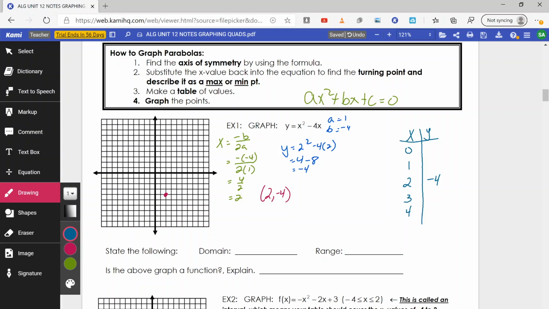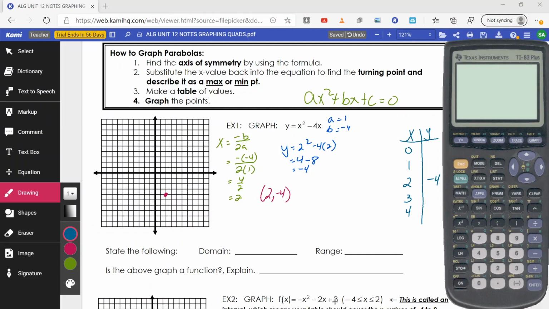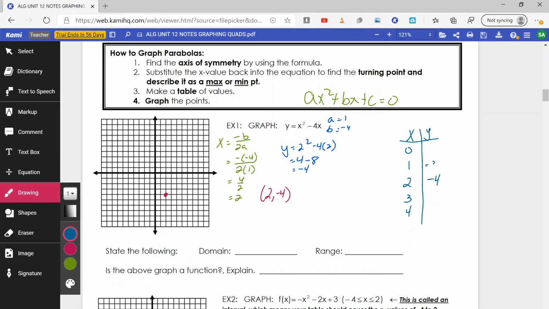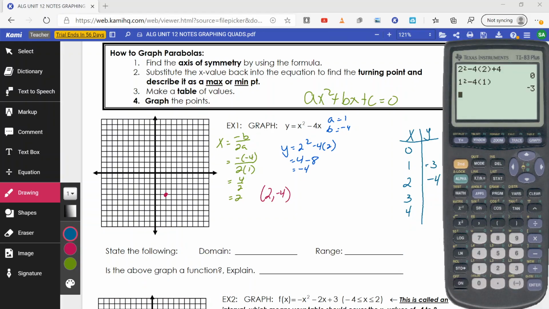I'm going to plug these values into the equation to figure out the y value. For 1, we have 1 squared minus 4 times 1, which gives me negative 3. If I plug in 0, we have 0 squared minus 4 times 0, which gives me 0.